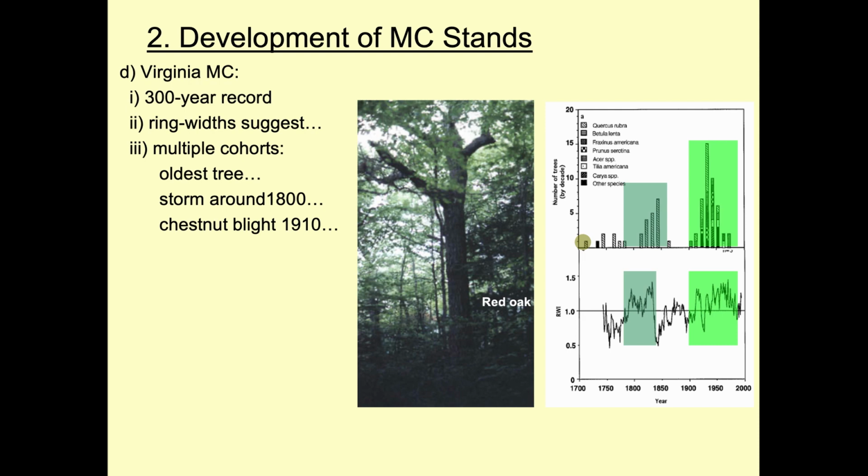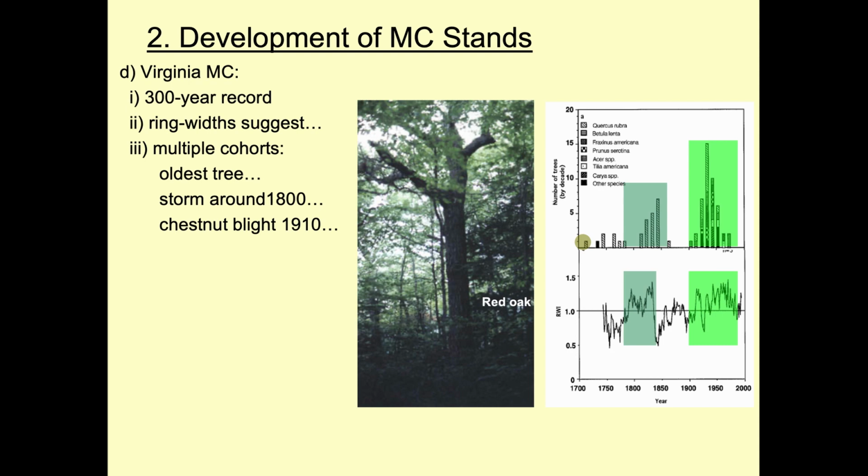Many times, 1 out of every 4 trees along the Appalachian Mountains were chestnut trees. So 1 out of every 4 trees was usually a chestnut tree.